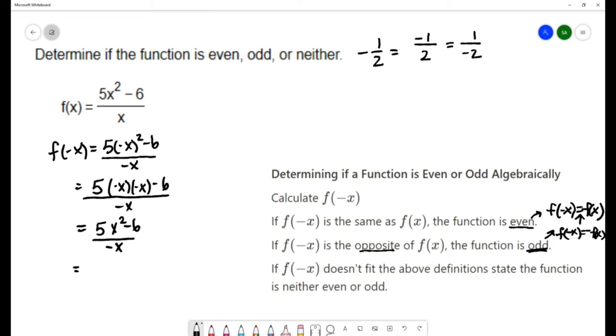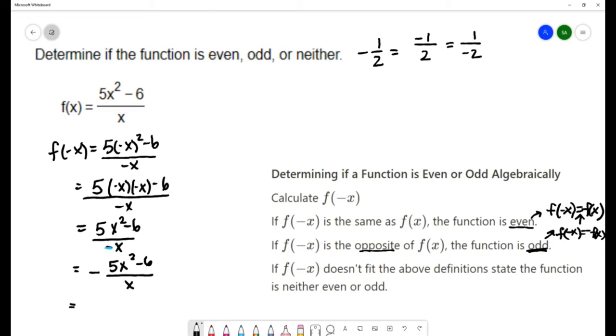All 3 of these are equivalent. So this negative that we have down in the denominator, we can pull out in front of the whole fraction and write it as negative 5x squared minus 6 over x.